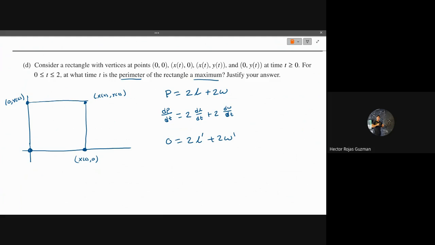We're going to try to solve them. So you can subtract either of the pieces, and divide by 2. Okay.